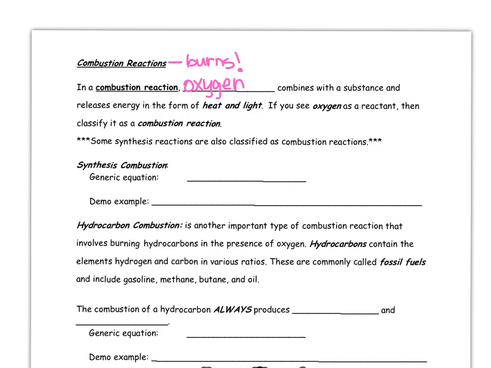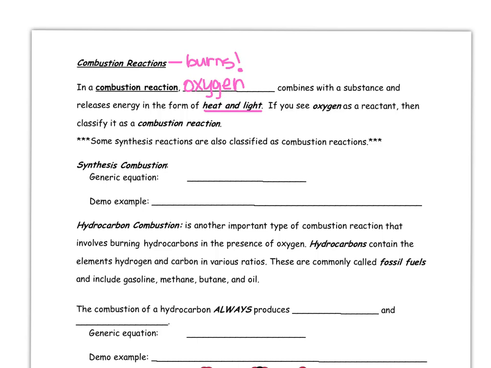It's supplied from the air, so usually we have an excess, a ton of oxygen in the air, and that will feed in to continue to burn. That's a really important reactant that you have to have. When it combines or burns, it's going to release energy in the form of heat and light as it makes new products. So if you see oxygen as a reactant, then you're going to call that a combustion reaction.